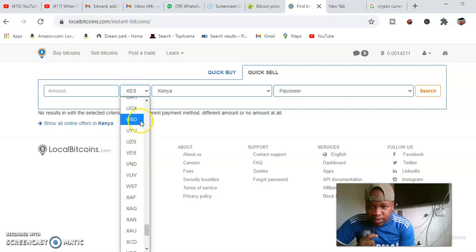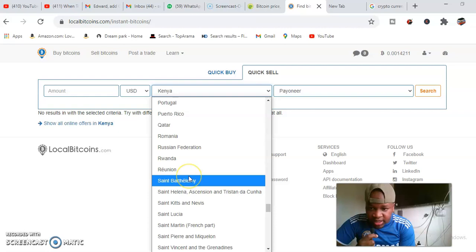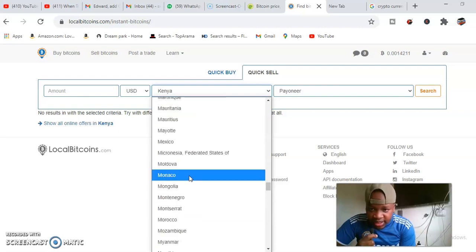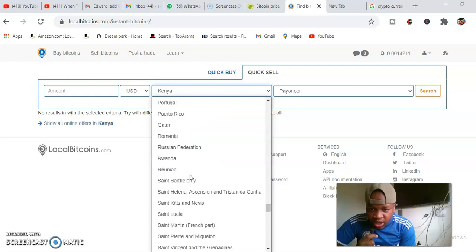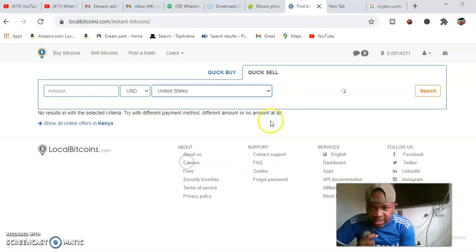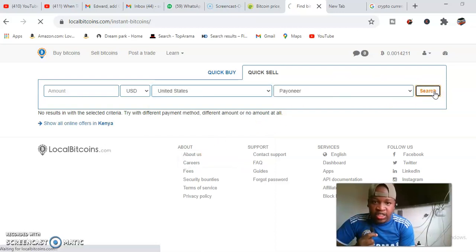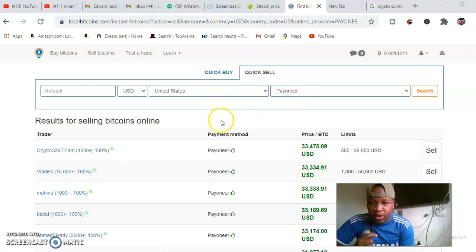But once we come to USD and say in United States, we'll be able to get somebody who is selling that currency at that amount. So we'll search for a person selling US dollars from the United States and selling with Payoneer.